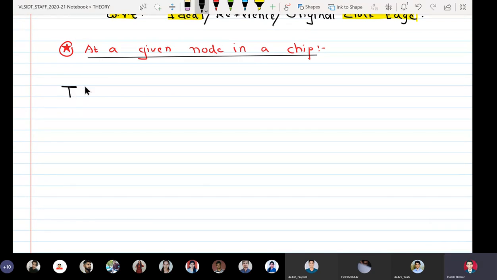T superscript I jitter n is equal to T superscript I CLK comma n plus 1 minus T superscript I CLK comma n minus T CLK.